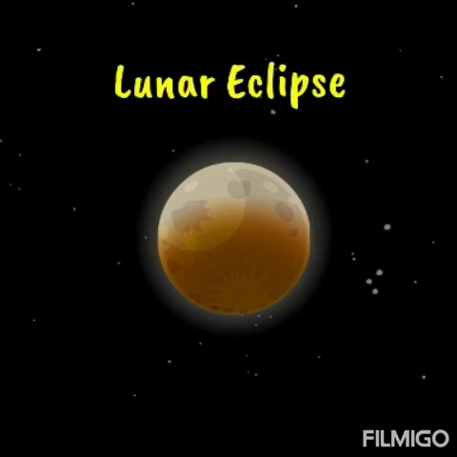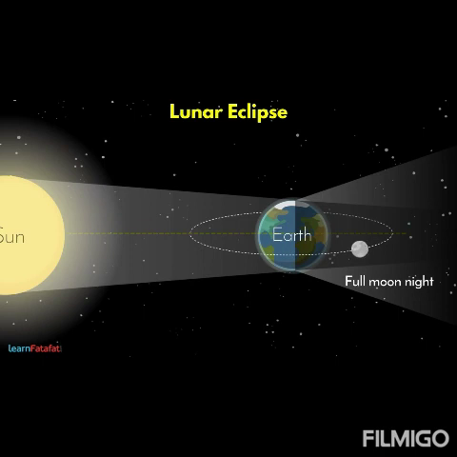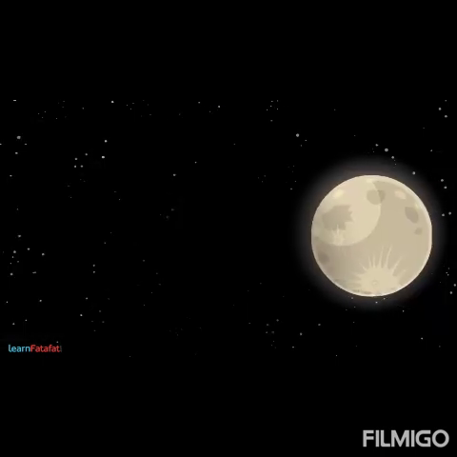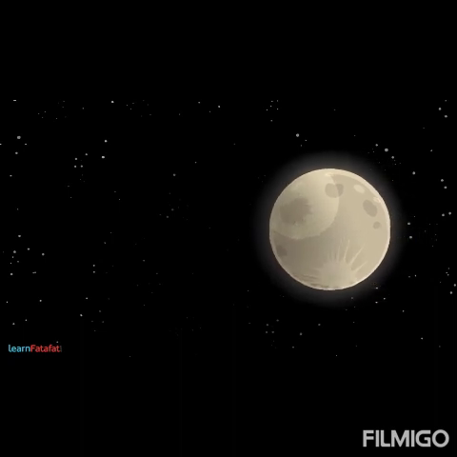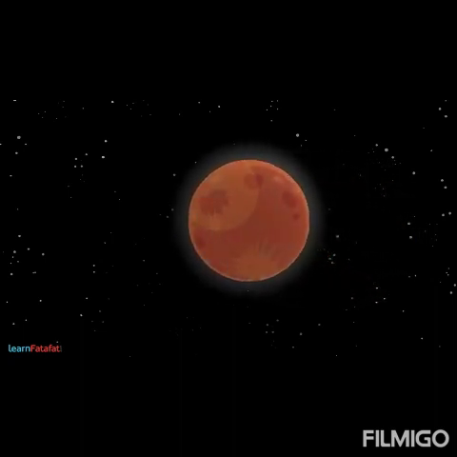The next one is lunar eclipse. Slowly and steadily, when the moon is revolving on its orbital path, it comes in one straight line, and the earth is between the sun and the moon. It is then we experience the lunar eclipse.